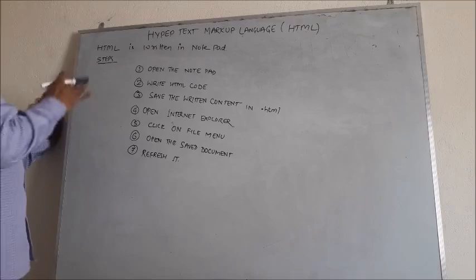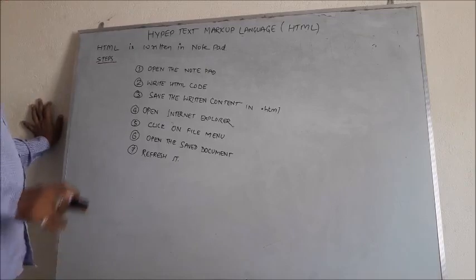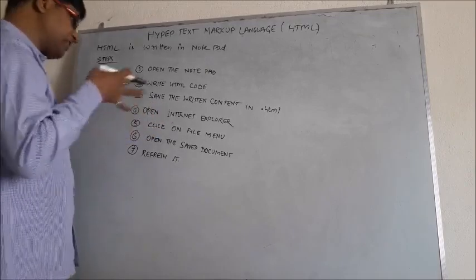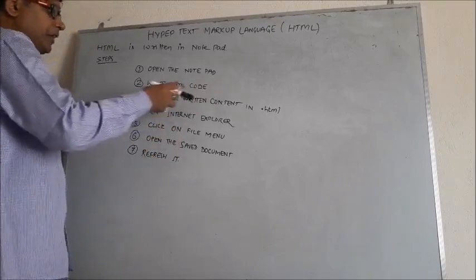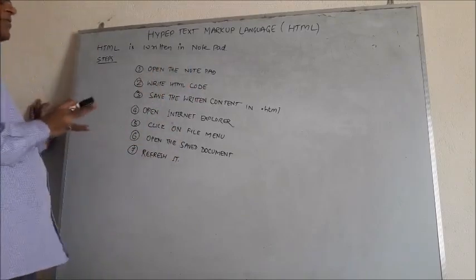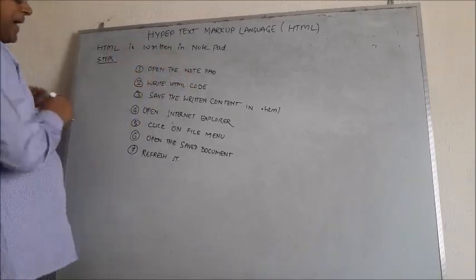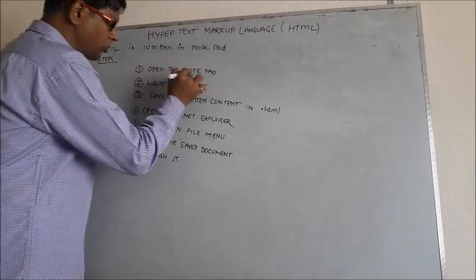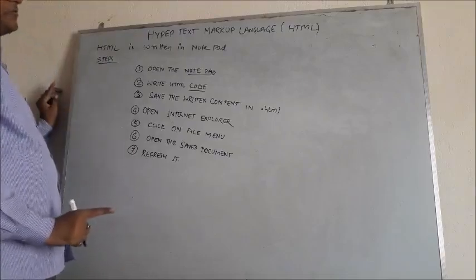Once Notepad is opened, you have to write your HTML code. How we will write the HTML code, very soon I am going to teach you. But here, please take note of that. First of all, just open Notepad and write your code in it.